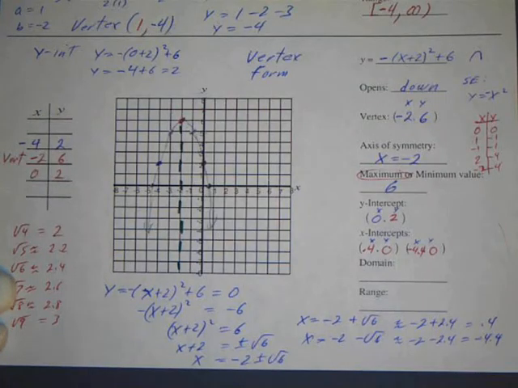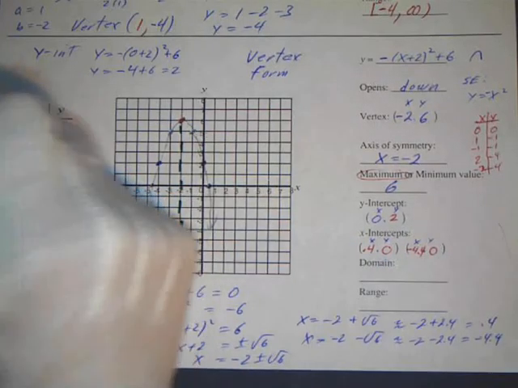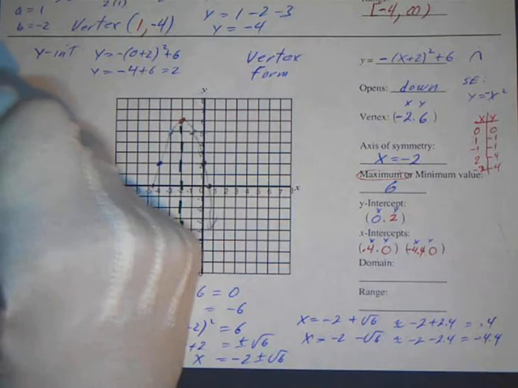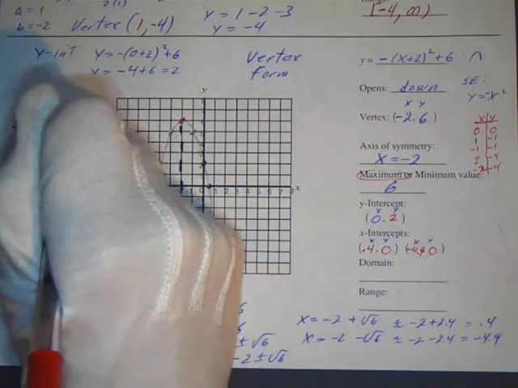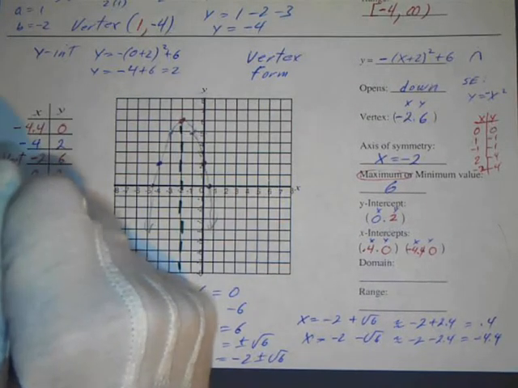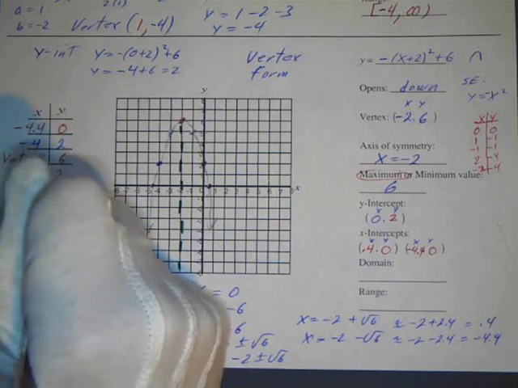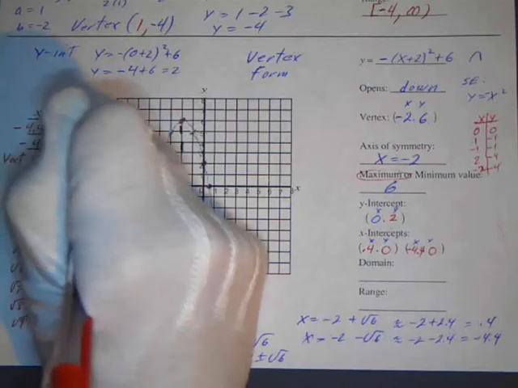And then I'll use my x-intercepts. I won't use my shape equation, I'll just use my x-intercepts because I actually had to find them. So it'd be kind of nice to use them. So this is -4.4 and 0, and this is 0.4 and 0. And these are the x-intercepts.